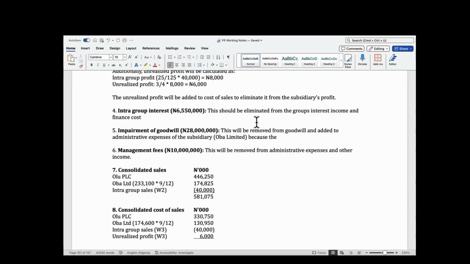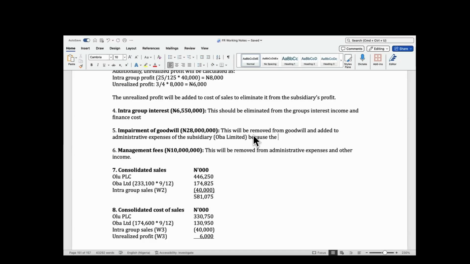What I was asking, Yetunde, is that yes, we know that you don't deduct impairment loss from expense. It's an expense in itself, so you add it to admin. But you need to understand, are we adding it to the expense of the subsidiary or the parent? You're adding it to the expense of the parent if NCI is measured at proportionate share.